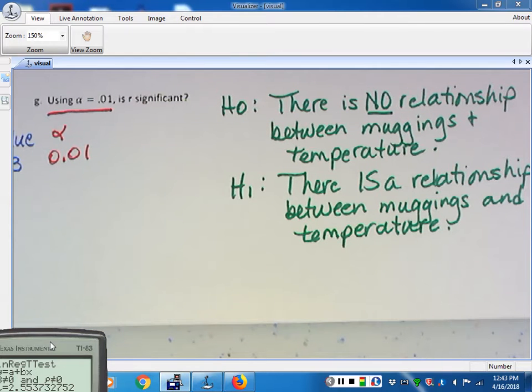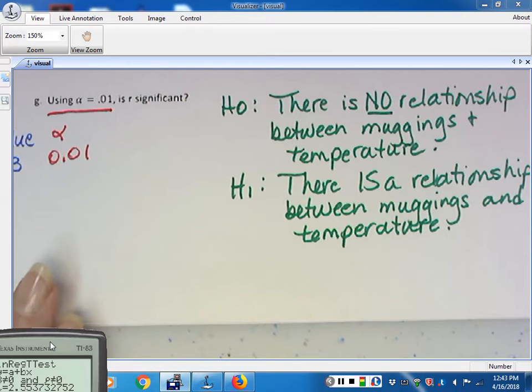H1 says there is a relationship. Does H0 always say there's no relationship? H0 always says there is no relationship or differences. There is none. Okay? And then H1 says yes, there is.